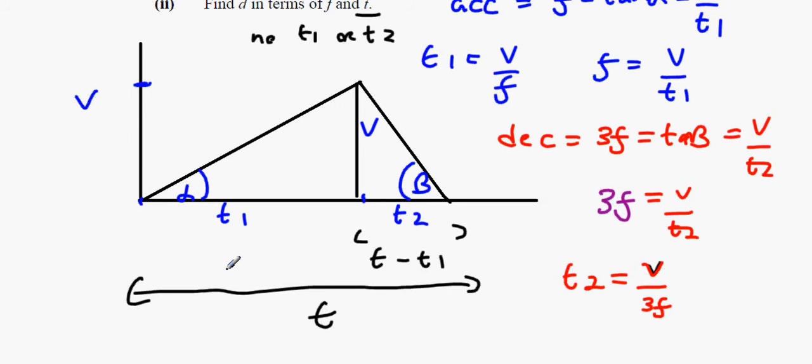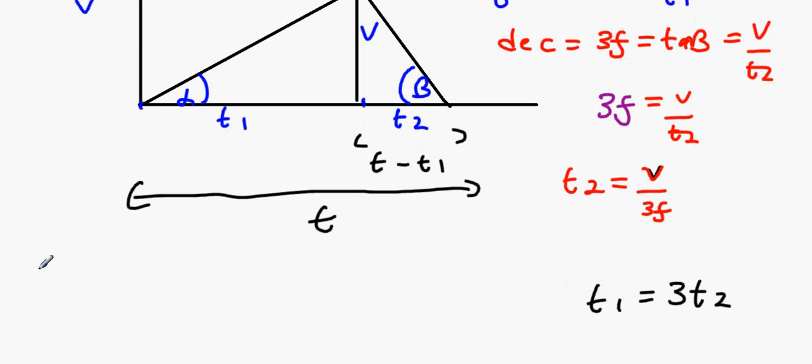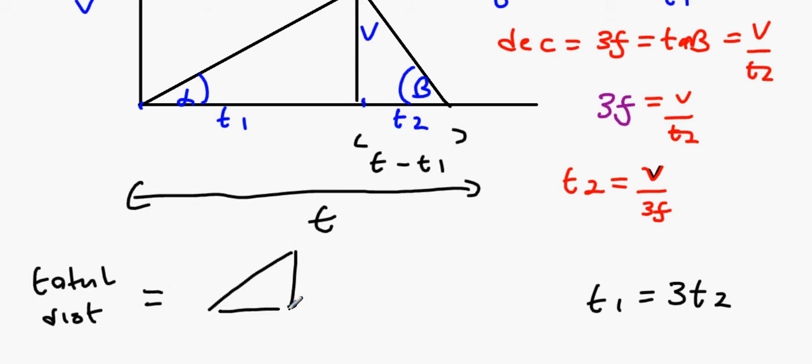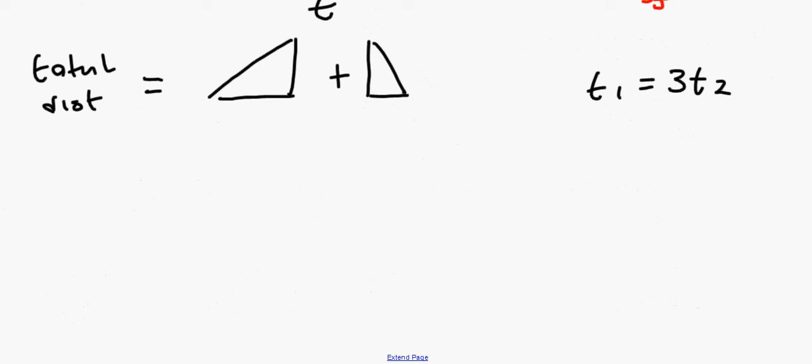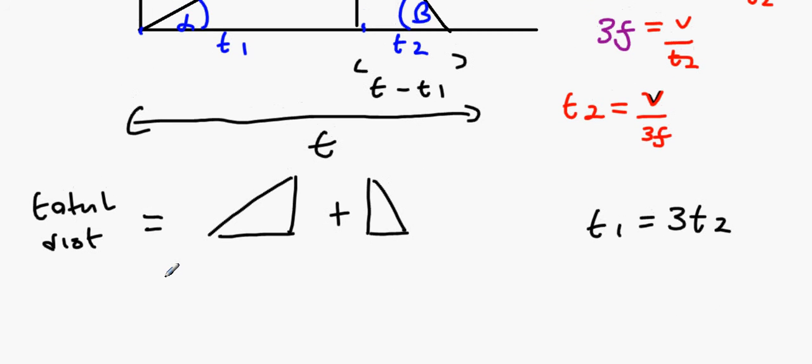Let's try and find the total distance travelled now. The total distance is equal to the area of the big triangle plus the area of the small triangle. So we're going to add the two of these together. This one here was v t1, and this one was v t2.